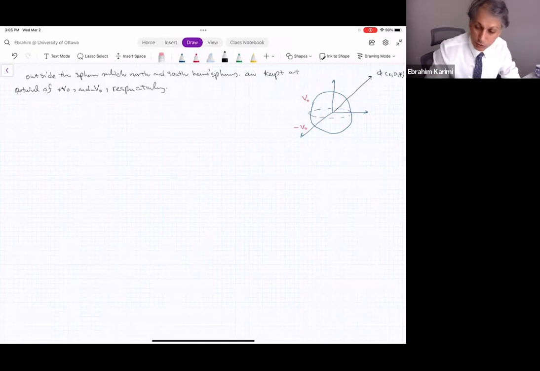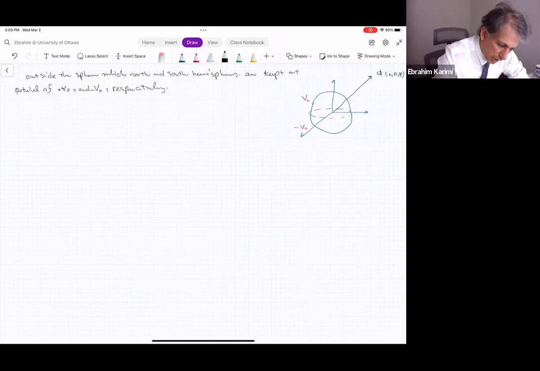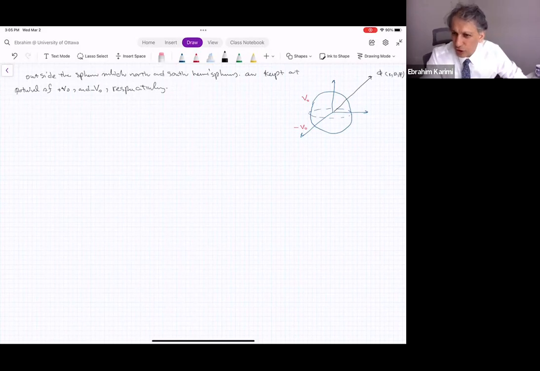Later on, we will solve what is happening inside. So outside of this, are there any charges in the outer space? There is no charge. What you have to solve to find the potential is the Laplacian of phi equal to 0.